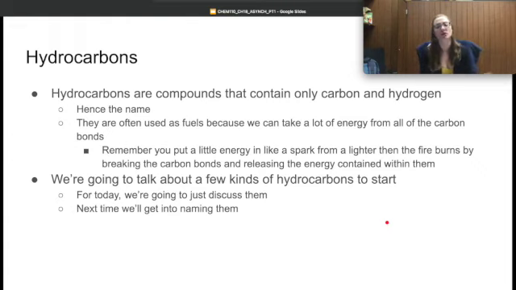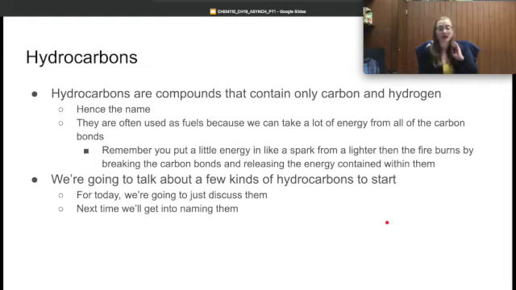So remember, when you want to break a bond, you got to put in a little spark of energy, then a lot of energy tends to come back out, especially when we're breaking these carbon-carbon bonds. So maybe like the spark of a lighter, and then fire can continue to burn beyond that, breaking the chemical bonds and releasing the energy contained within them. So it's pretty cool. They're a lot of our fuels and stuff.